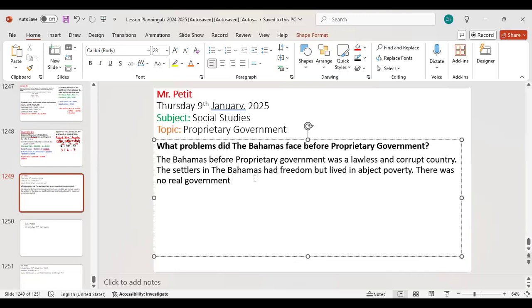So there wasn't any real structure there. The people who were living there didn't have much to live off of except the land. There was no real government, so people lived as they what? Please. Very good. So people lived as they pleased.